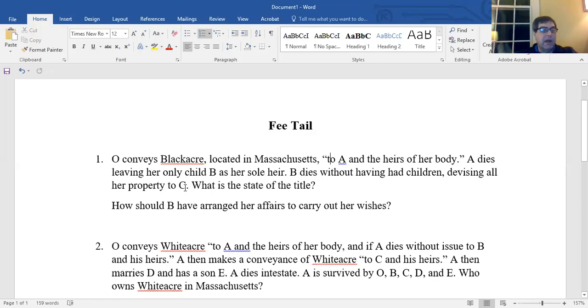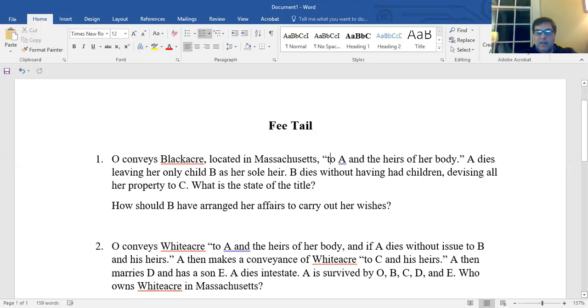This could have been done by going to a lawyer's office and having a straw person transaction where B takes the fee tail estate but conveys a fee simple to the straw person that succeeds in disentailing the fee tail, and then the straw person can turn around and, owning now a fee simple estate, can deed a fee simple back to B, so that B would own a fee simple estate. And a fee simple estate you can devise to somebody else, and so B would be able to devise the property to C in B's will.